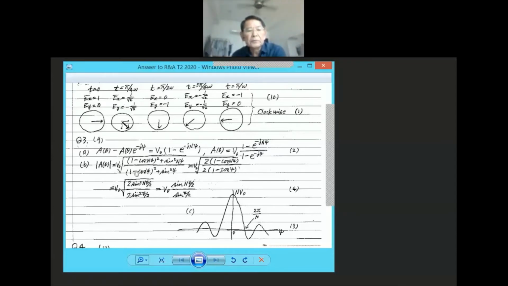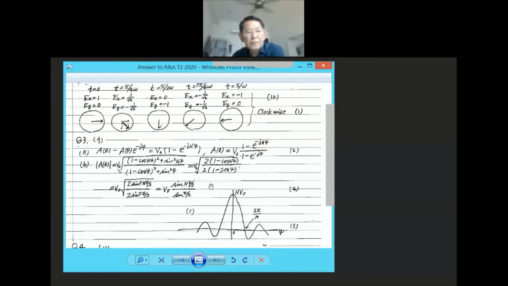So the absolute value becomes like this. The upper side is similar. The difference is that here the array number is included. The lower side, n is not included. So this calculation result becomes this one.